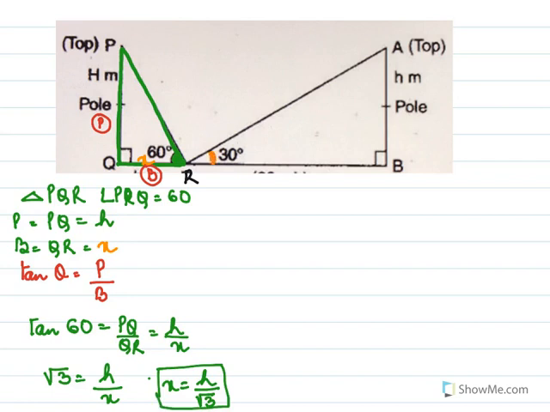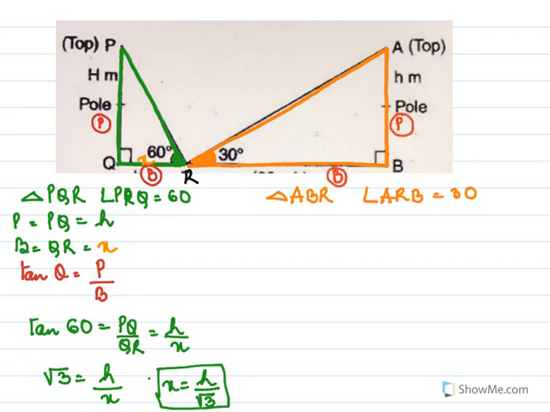Now the next triangle will be the one with 30, and you agree it is this triangle that we need to work with now. That is triangle ABR, where the angle ARB equals 30. Here again we have to denote which is perpendicular, which is base. Now for 30, this is the perpendicular here, and here is the base. I'm going to take the base as y.